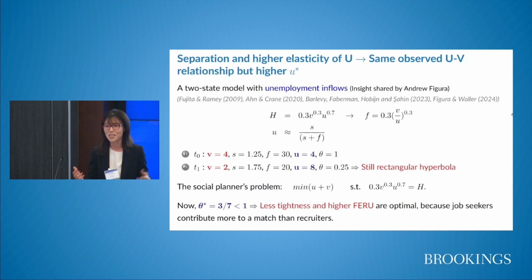The social planner wants a higher U-Star. So the takeaway of this demonstration is that countercyclical job separation is a feature of the business cycle. Once we consider that, and also the higher elasticity parameter of the unemployed workers, which has empirical ground, we can still explain the observed rectangular hyperbolic Beveridge curve, but we'll have a higher U-Star.